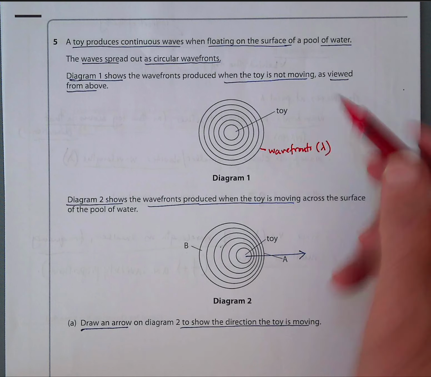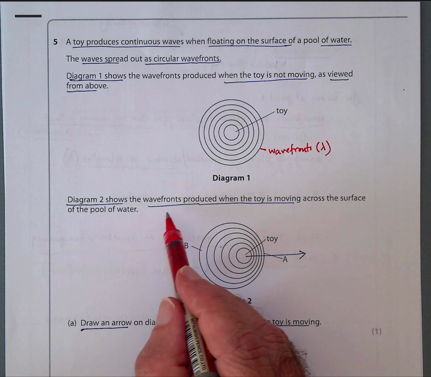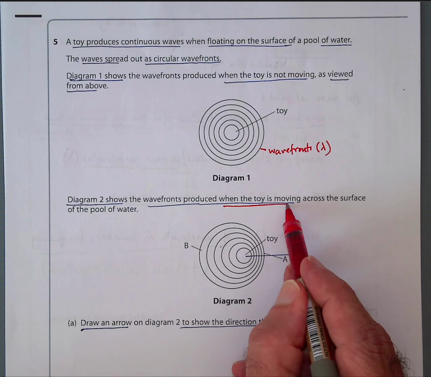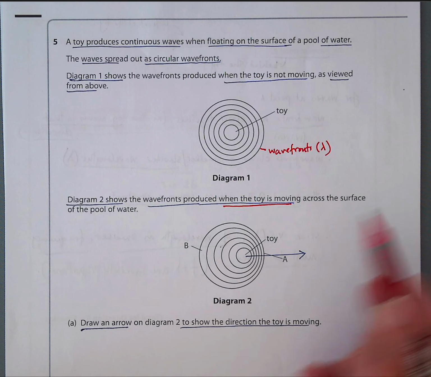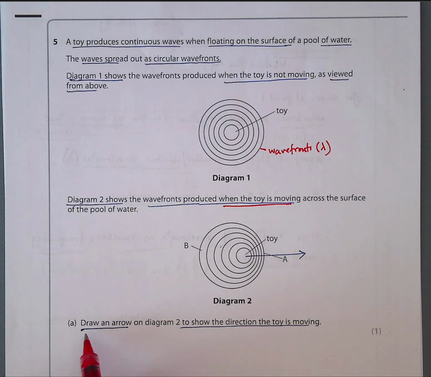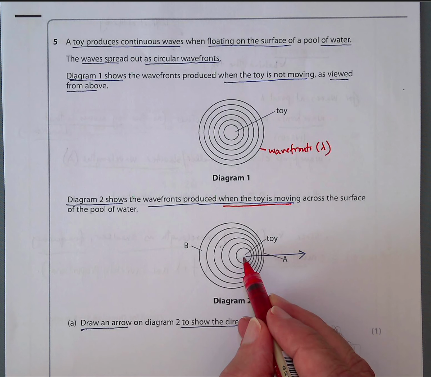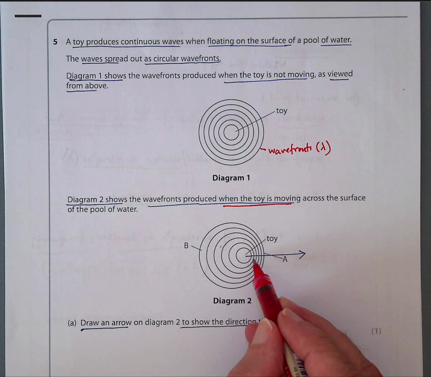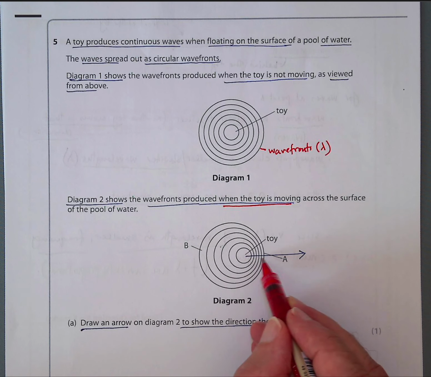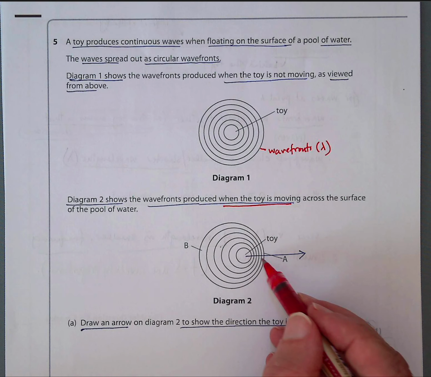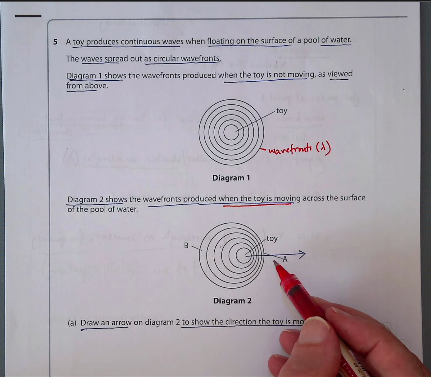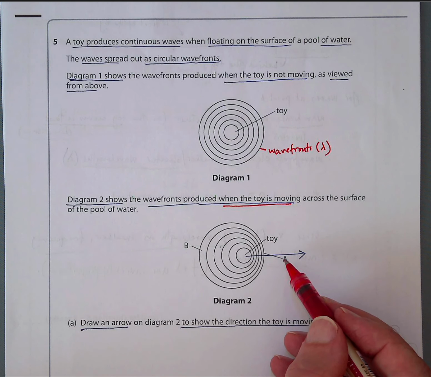circles. Okay. Diagram 2 then shows the wavefronts produced when the toy is moving across the surface of the water. You have to draw the arrow to show the direction the toy is moving in. Well, it's moving in the direction where you can see the center of the circles is moving to the right, and that's causing the wavefronts to become closer in front of the movement because they're kind of catching up with the waves that they produced earlier.